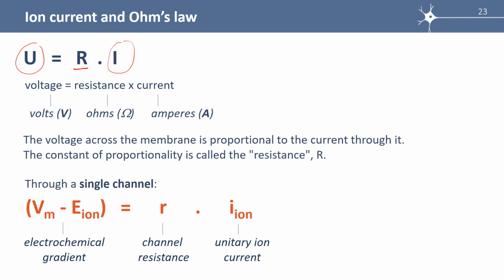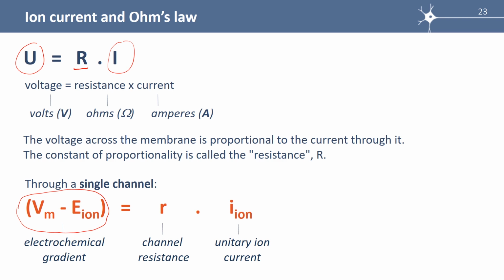Through a single channel, Ohm's law is written like this: Vm, which is the membrane potential, minus E ion, which is the equilibrium potential of the ion. This is called the driving force. It's the driving force due to the electrochemical gradient.